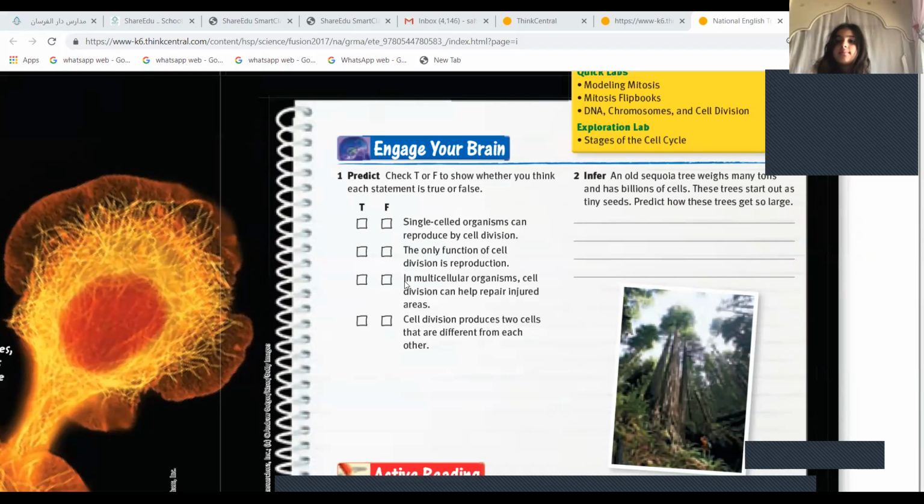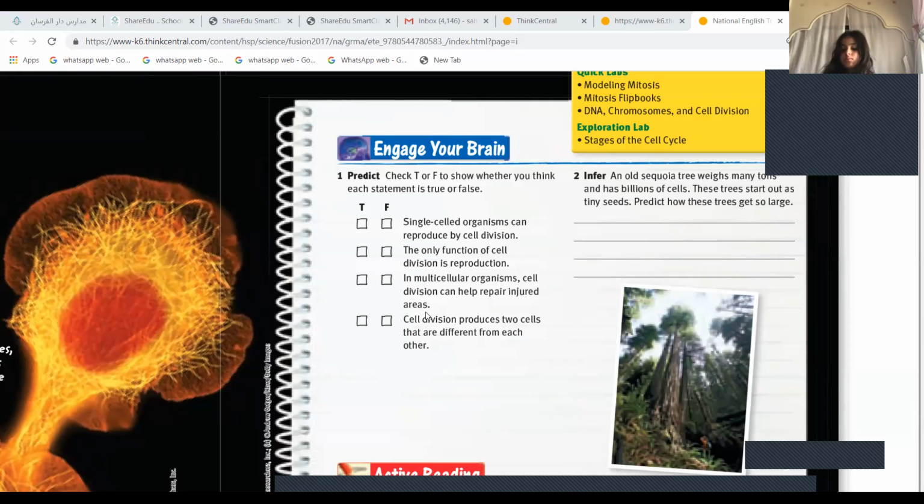Next, Leen, can you read the third one and answer my question? In a multicellular organism, cell division can help repair injured areas.